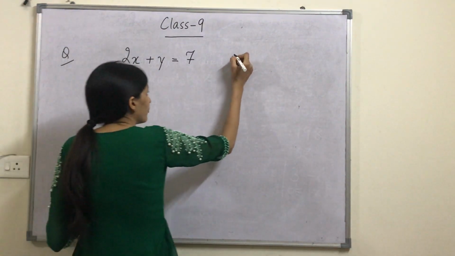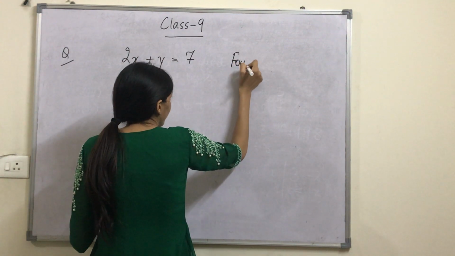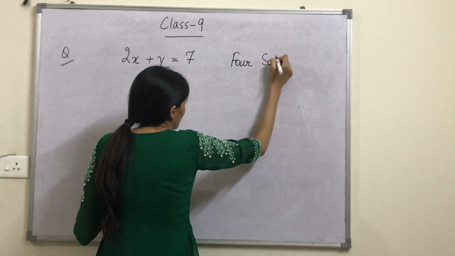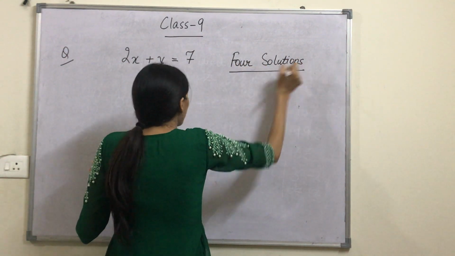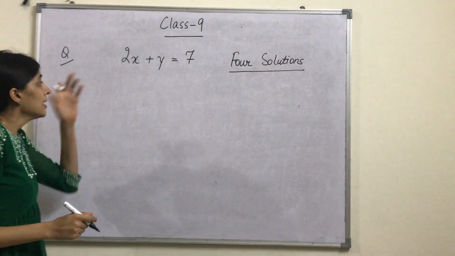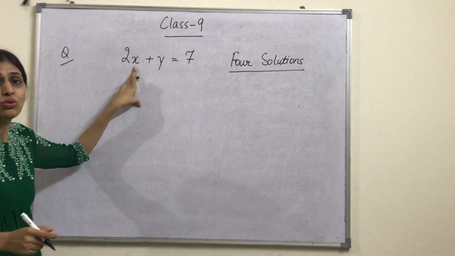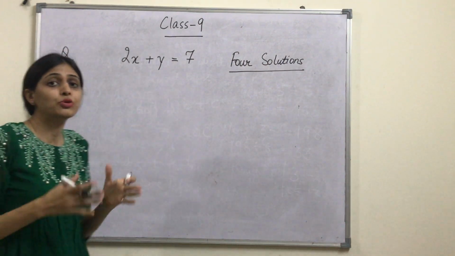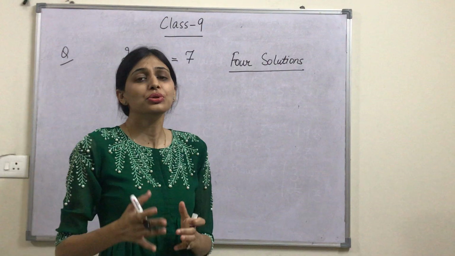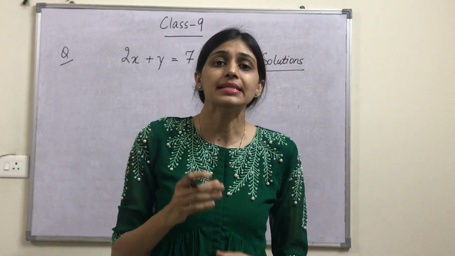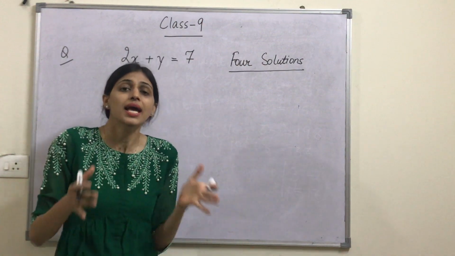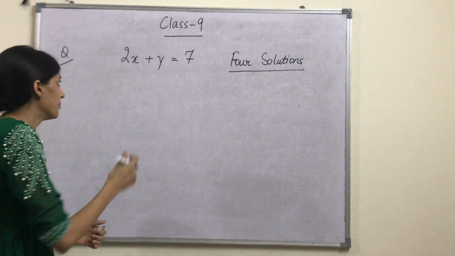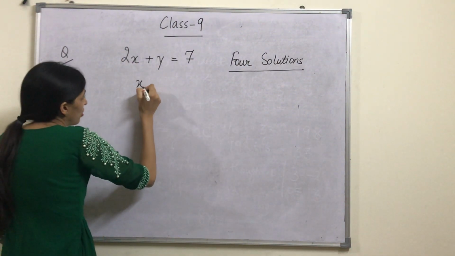Whenever this type of question comes, where you have to find 2 solutions or 4 solutions to the given equation, what you have to do is select any value of x. It is up to you. Whatever value you want to select, you can take as x 0, 1, 2, 20, 30, 100, any value you can take.